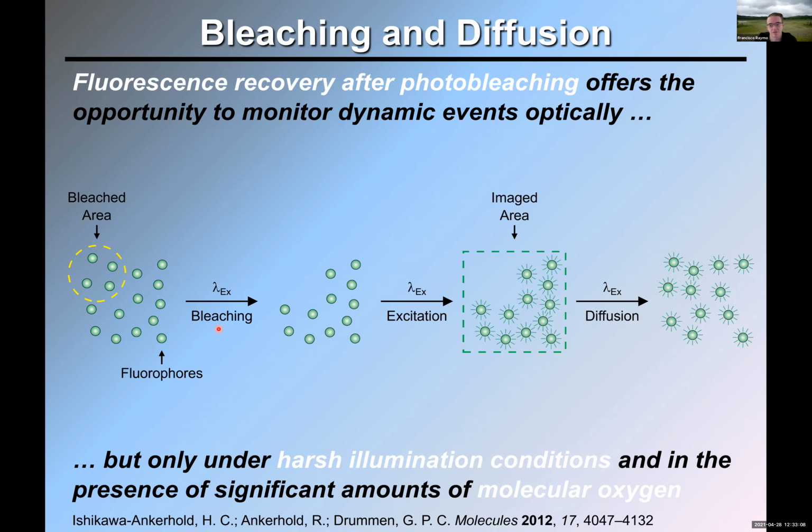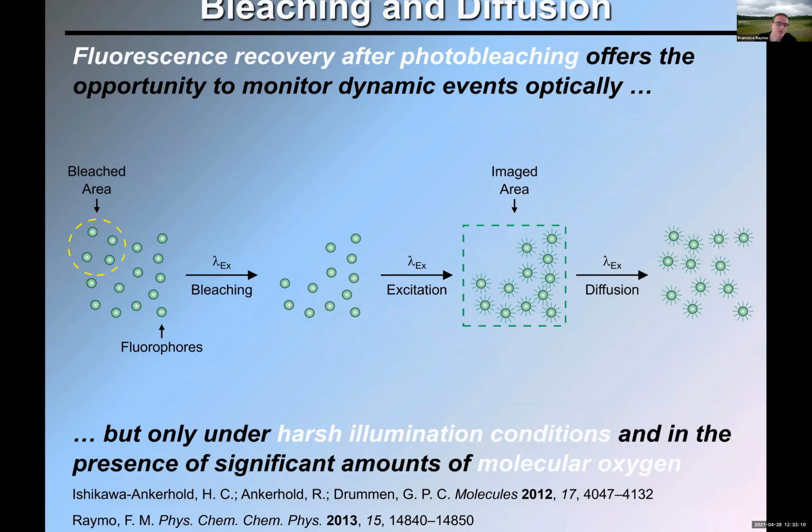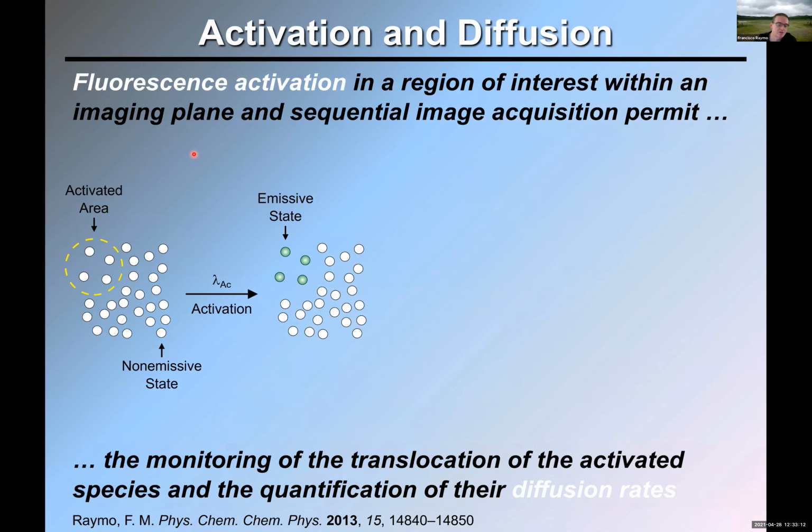A better approach would be to use photoactivatable fluorophores, which are just like in the case of the molecules that Betzig used and the molecule that I showed. These compounds switch from one state that is not emissive to a state that is emissive. And again, as a result of a photochemical transformation, if the design of the molecule is right, you can do it with very low illumination intensities.